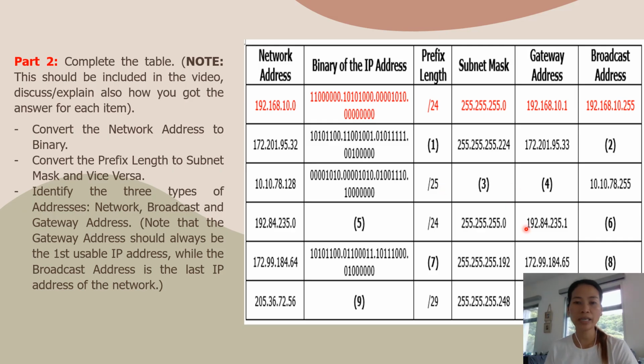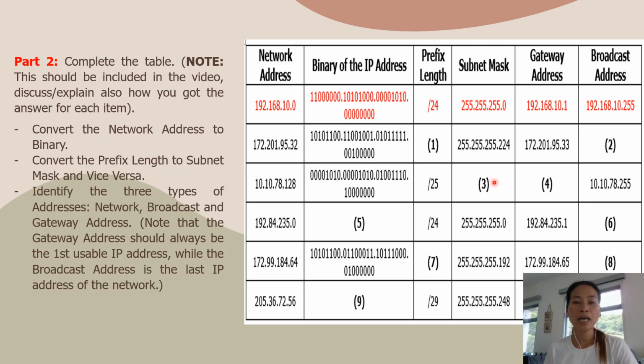Okay, so we have to get the gateway address here. Since it has the last 3-digit of 128, a 128 subnet mask indicates that there are 128 addresses in this subnet.